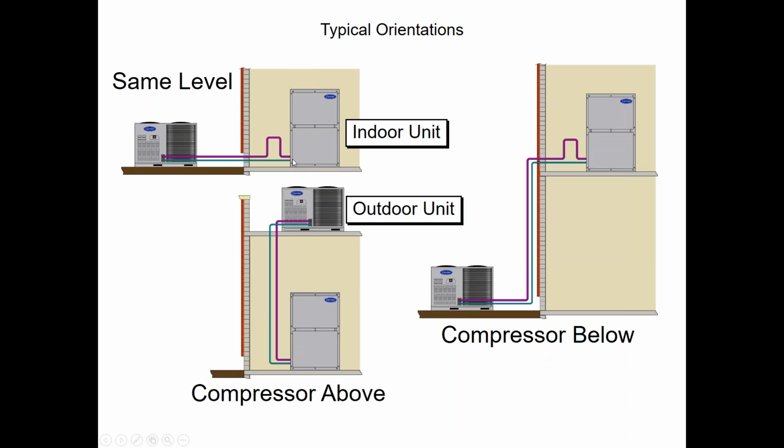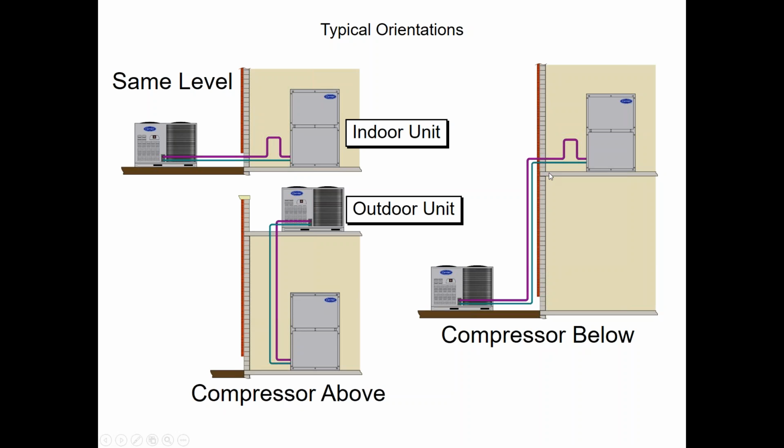Okay. So these are the typical orientations that you run into out there, and sometimes you have a combination. Sometimes the units are on the same level, but piping comes out, it's got to go up, over, and back down. That's the same level system, but you may need double suction risers or speed risers like you would in this application, if your suction is coming out, going up, across, and back down, even though the units are at the same level.